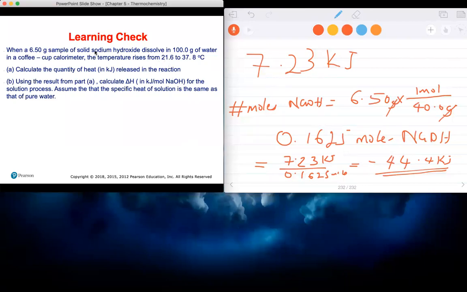By the fact that when you dissolve 6.5 grams in this, the temperature rose from this to that. That means heat is being given off. If the temperature was dropping, then it would be endothermic, and we would have it positive. In this case, it is negative for exothermic.